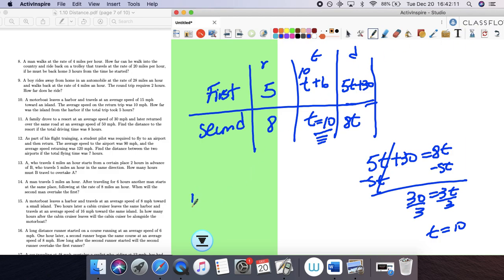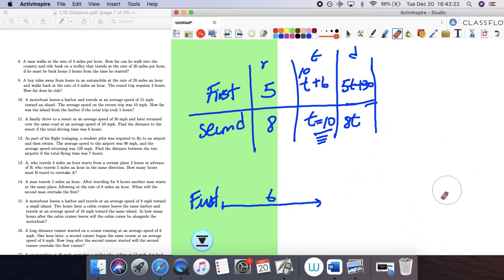So remember, let me see if I can go back. Here's the first guy. He's traveling for 6 hours. And then the second guy starts the second clock. When the second guy starts traveling, the first guy has already been walking for 6 hours.